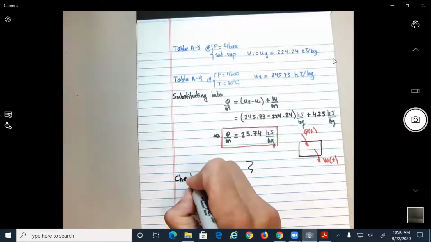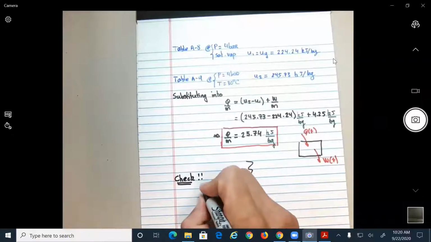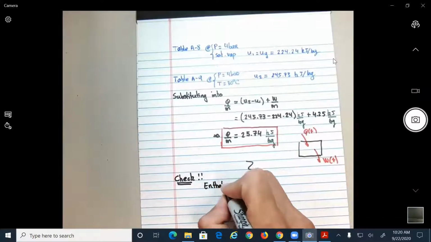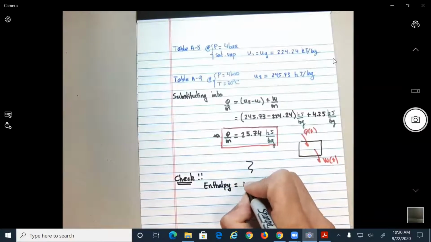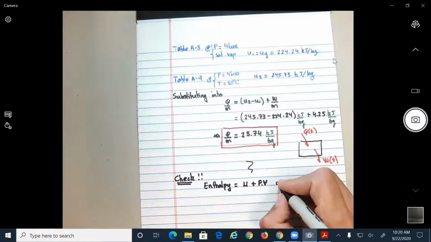You remember what is the definition of the enthalpy? I told you the enthalpy is equal to the internal energy plus work done by the pressure. Okay? Enthalpy, internal energy plus work done by the pressure at constant pressure.